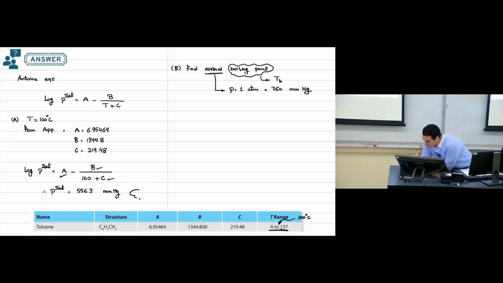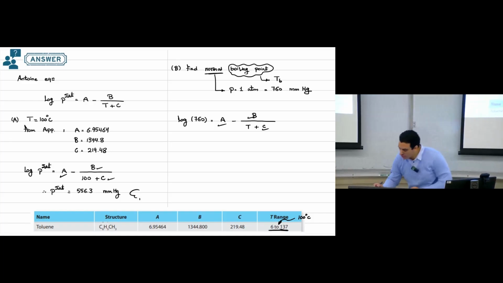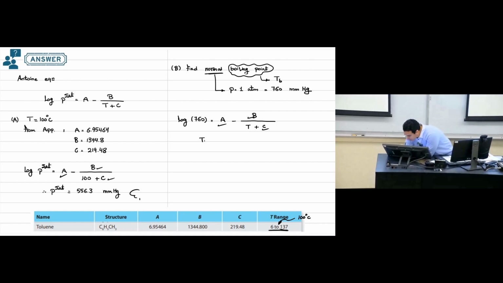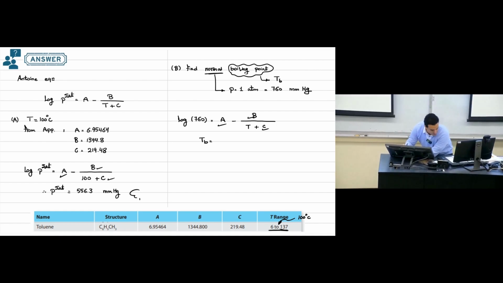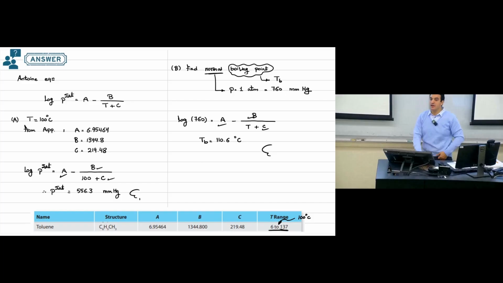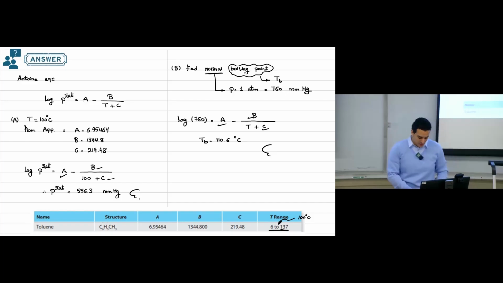So I substitute in the equation: we have log of 760 equals A, and the value of A is the same, minus B over T plus C, and we know the value of C. Just direct substitution in the equation, and then the boiling temperature will be 110.6 degrees Celsius. And again, the value you obtain from the equation is directly in degrees Celsius.